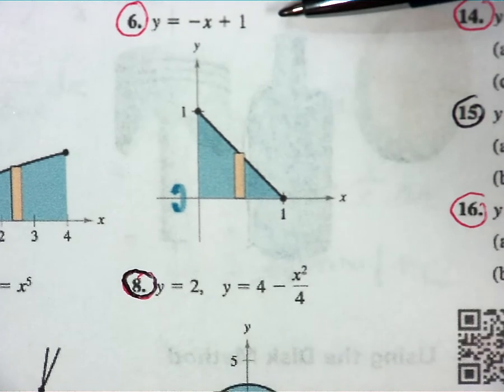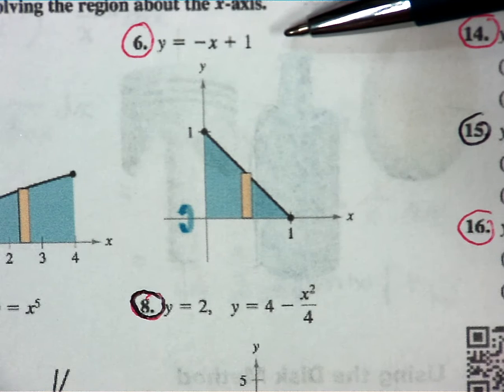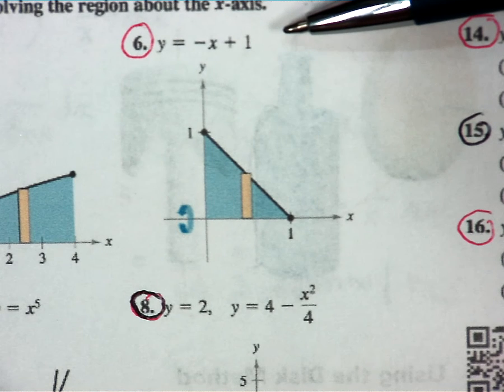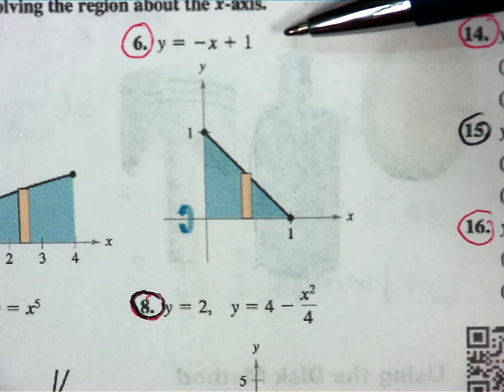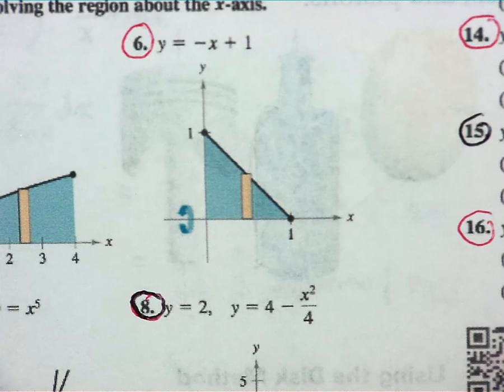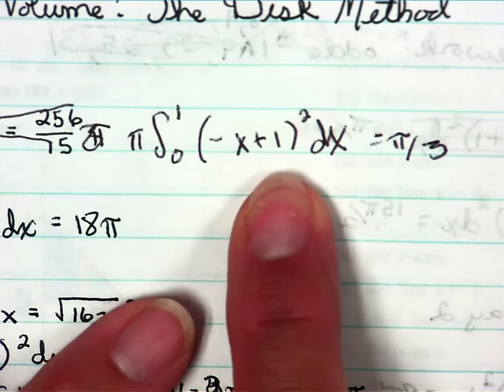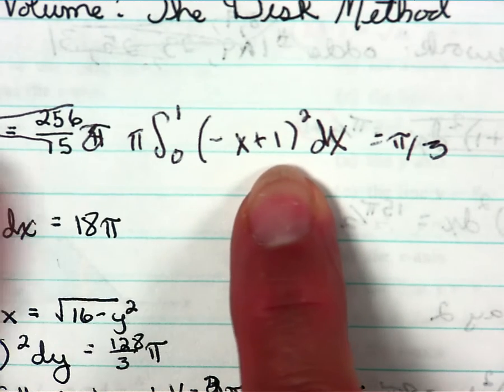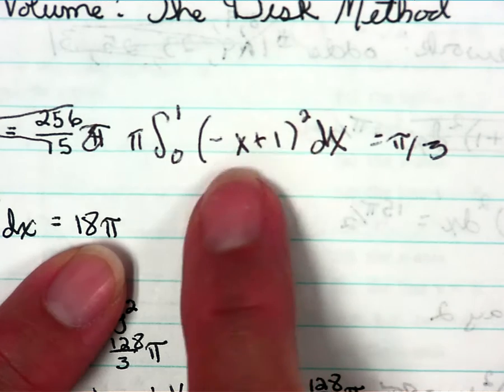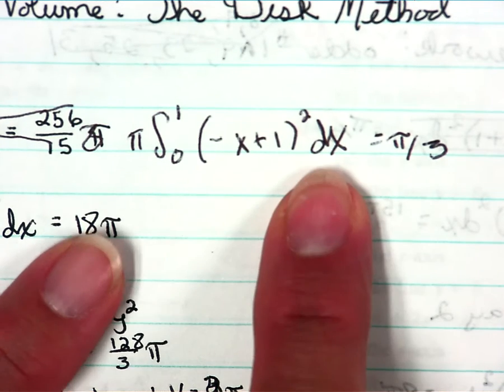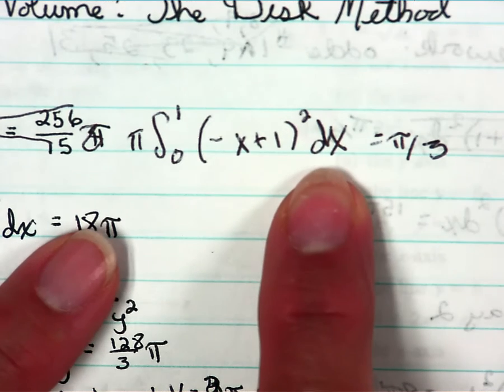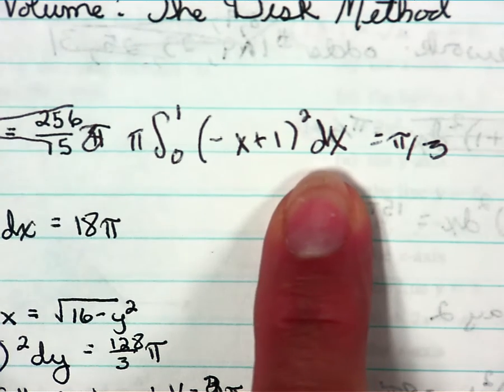That function's height squared, negative x plus 1 squared, dx. Dx is the width of each cylinder, or the width of each coin, if you want to think of it as a coin. So hopefully that's what you wrote down. Pi times r squared dx. Okay.